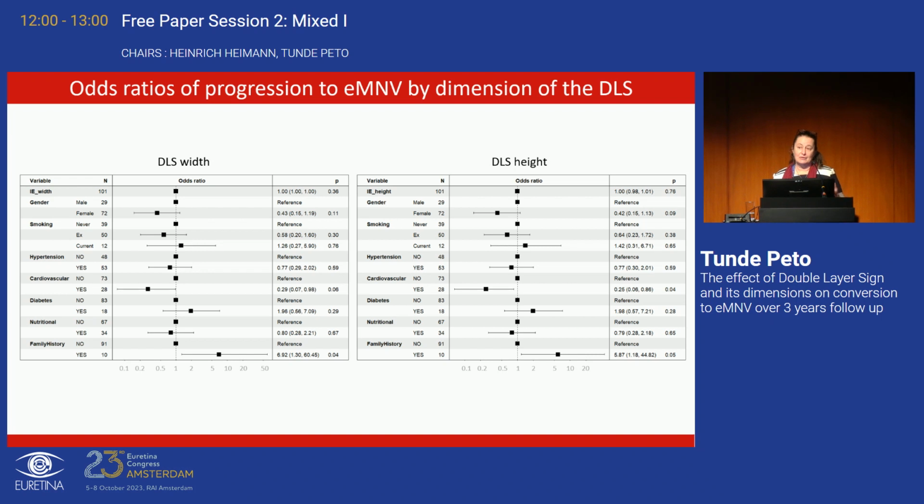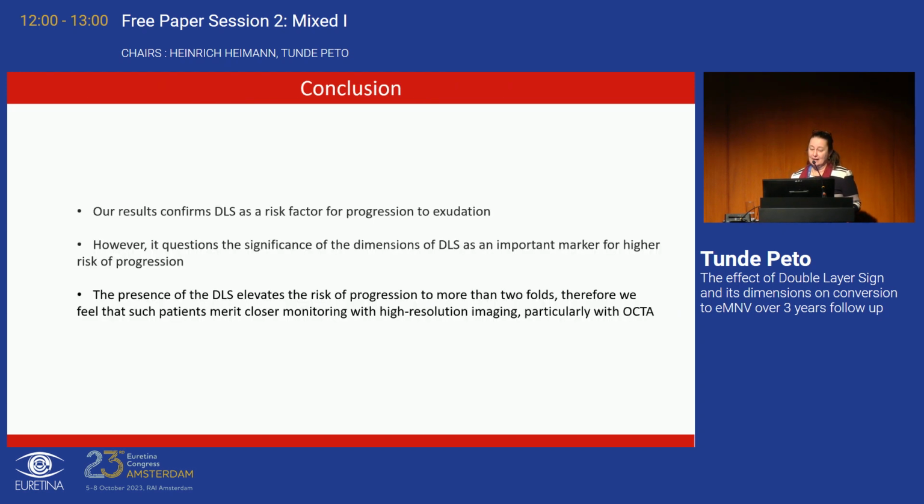So although we have put an immense amount of time and effort into measuring, the good news is that looking very competently at the images and making sure that you have graded DLS very well is more helpful than going into measuring, which in a busy clinic would not really be feasible anyway.